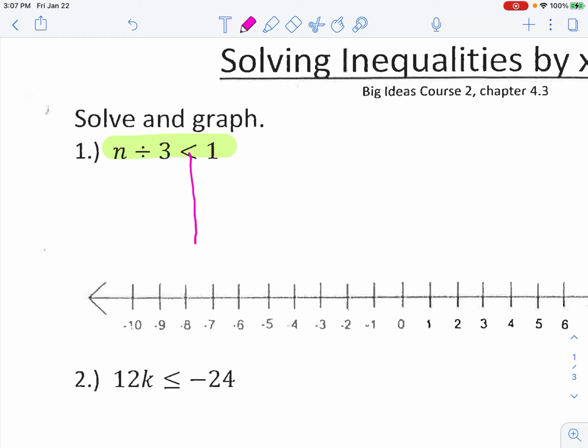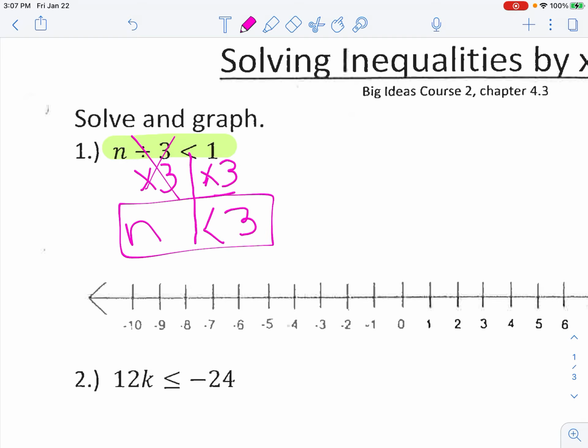We're going to do the inverse operation. So the opposite of divided by 3 is times 3 on the left and times 3 on the right. So your 3's are going to cancel. We've got n is less than 3. Put a box around your solution.